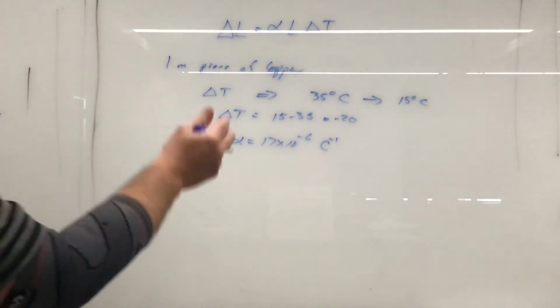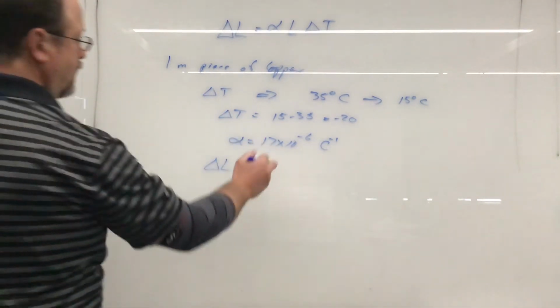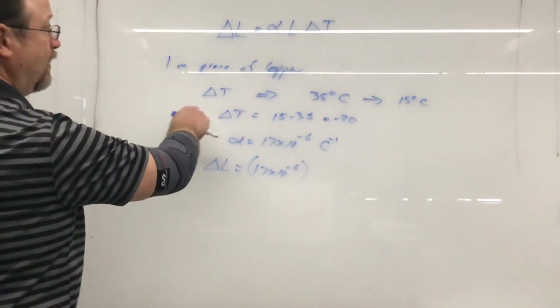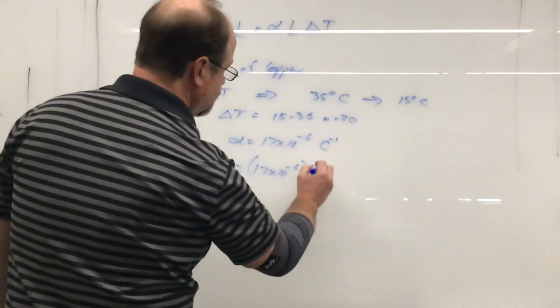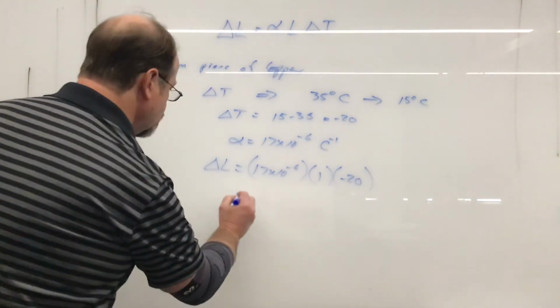If I put those together, how much is this thing going to grow, or how much is it going to shrink? I put 17 times 10 to the minus 6. Initially it was 1 meter long. I've got a change of negative 20. The negative tells me it's going to shrink.